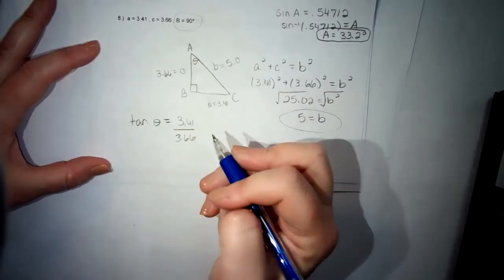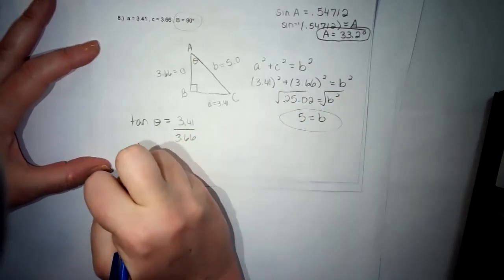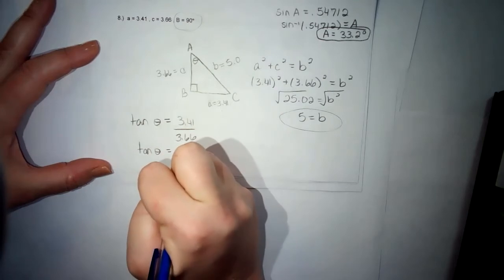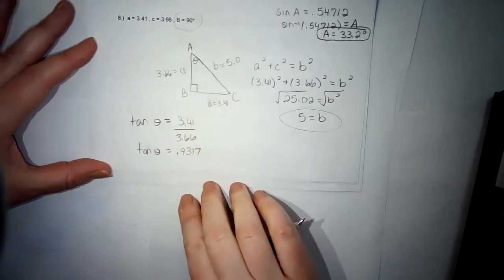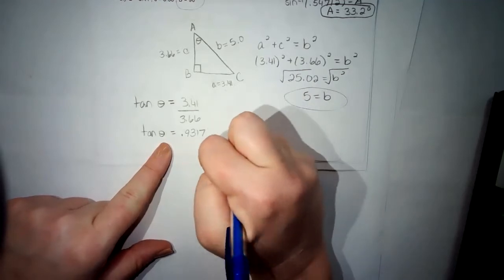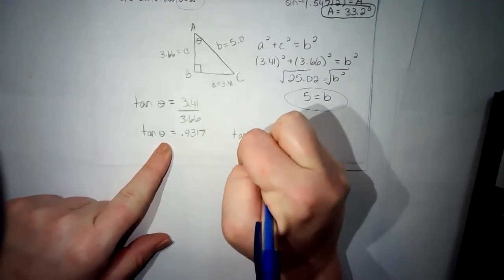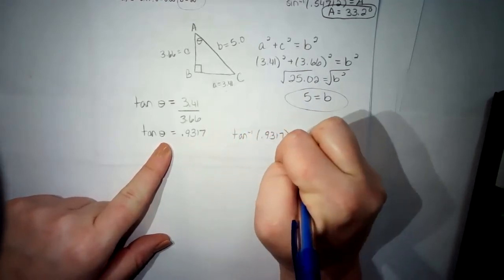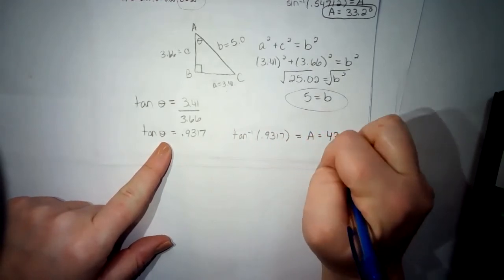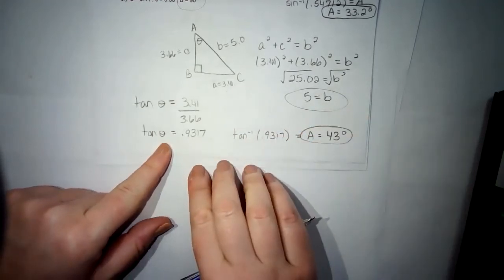Okay, so if I find that, I'm going to have tan theta equals 0.9317. All right, and then how do I find theta? Inverse, tan inverse. And I'm going to get that angle A, because that's where I put my theta, is 43 degrees.